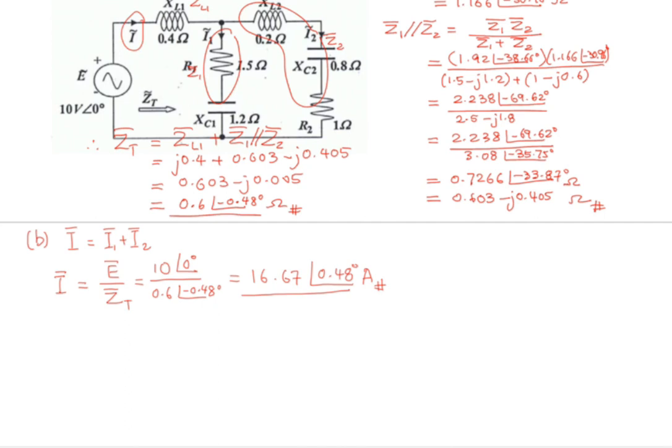Okay, now we want to calculate I1. To calculate I1, we make use of the current divider rule.